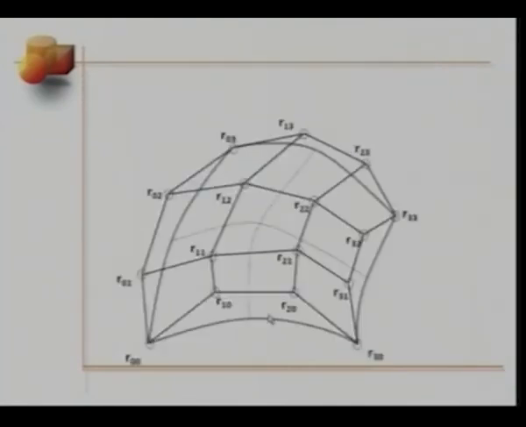Let's revisit the bicubic Bezier patch with control points or design points R00, R10, R20, R30, R01, R11, R21, R31, R02, R12, R22, R32, and R03, R13, R23, and R33.